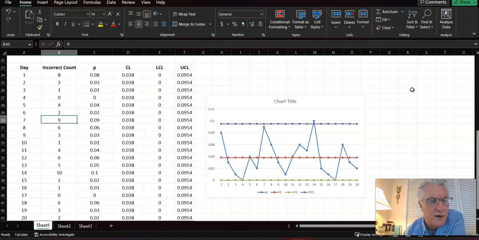You have some horrible days at 9 and 10 incorrect, and some really good days at 0 and 1. So even without looking at the next data point, you can see that this process needs corrective action.